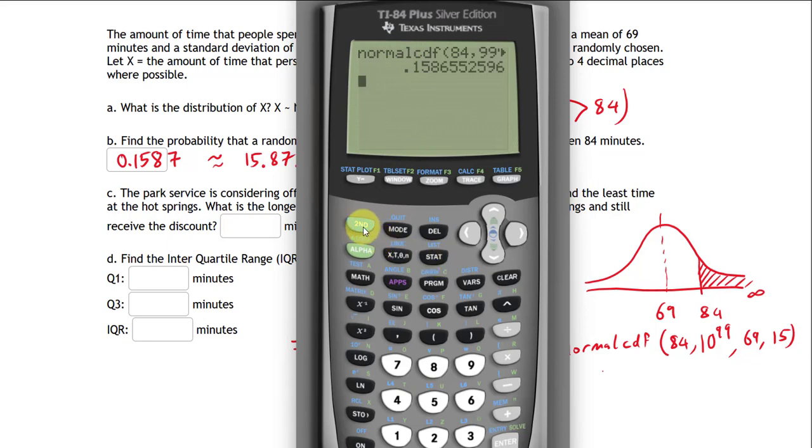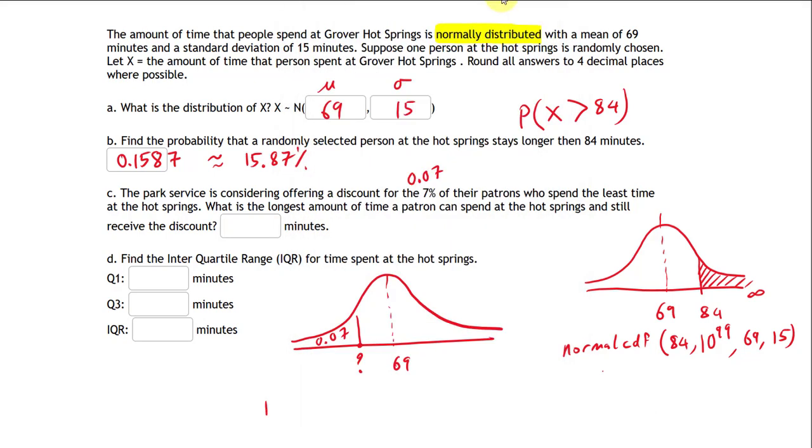We will go to second distribution again, but this time we use the function inverse norm, because we are doing the reverse process of what we did before. We are given the area and we want to find the value on the x-axis. We use the inverse norm.